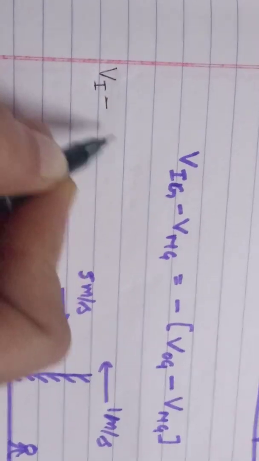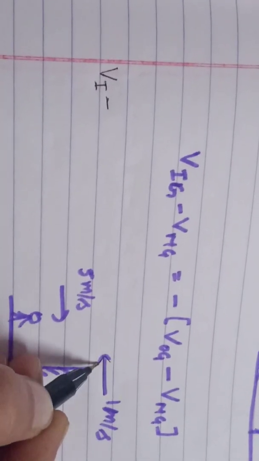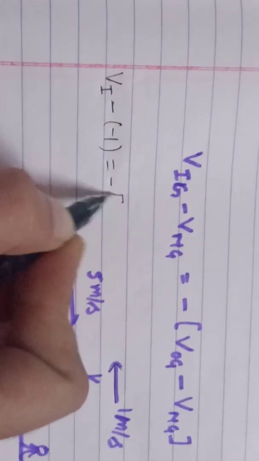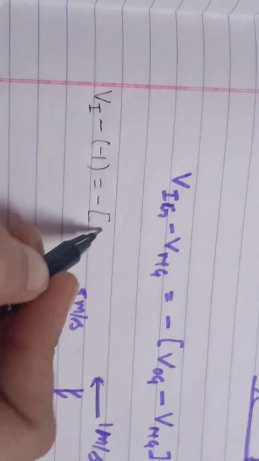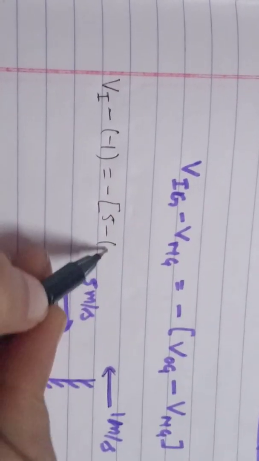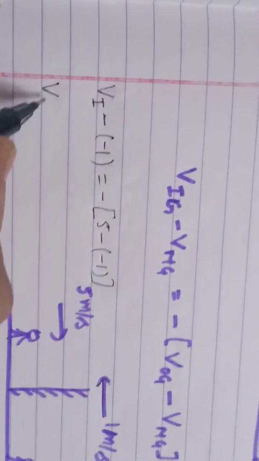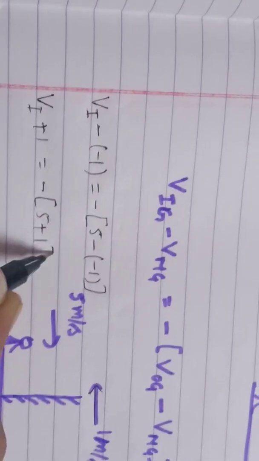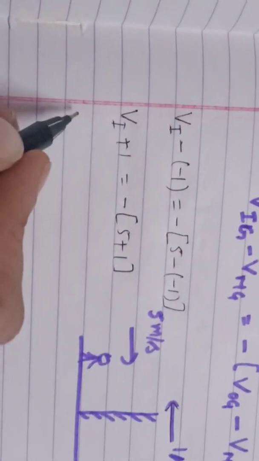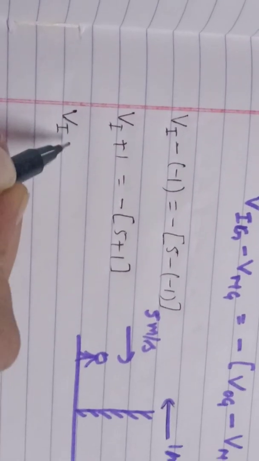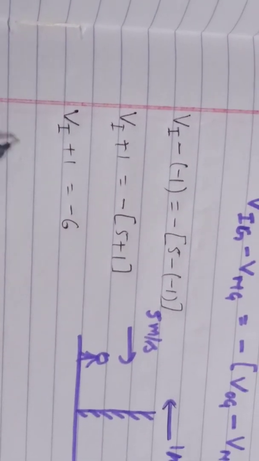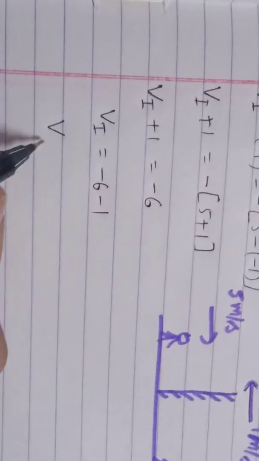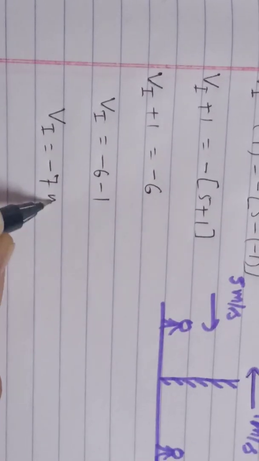Vi minus, because the mirror is moving in the opposite direction, so minus 1, is equal to minus velocity of object 5 minus velocity of mirror minus 1. Vi plus 1 is equal to minus 5 plus 1. Vi plus 1 is equal to minus 6. Vi is equal to minus 6 minus 1. Vi is equal to minus 7 meter per second.